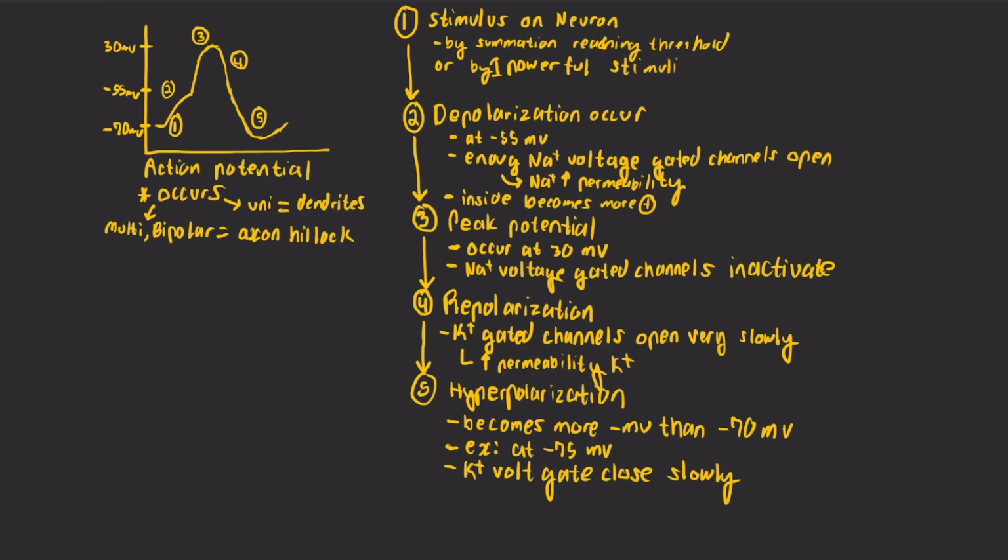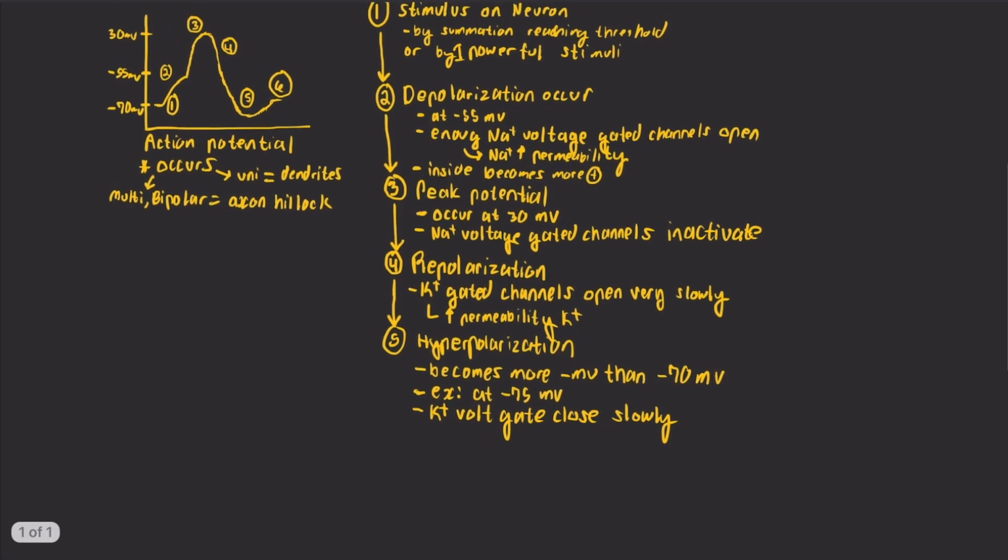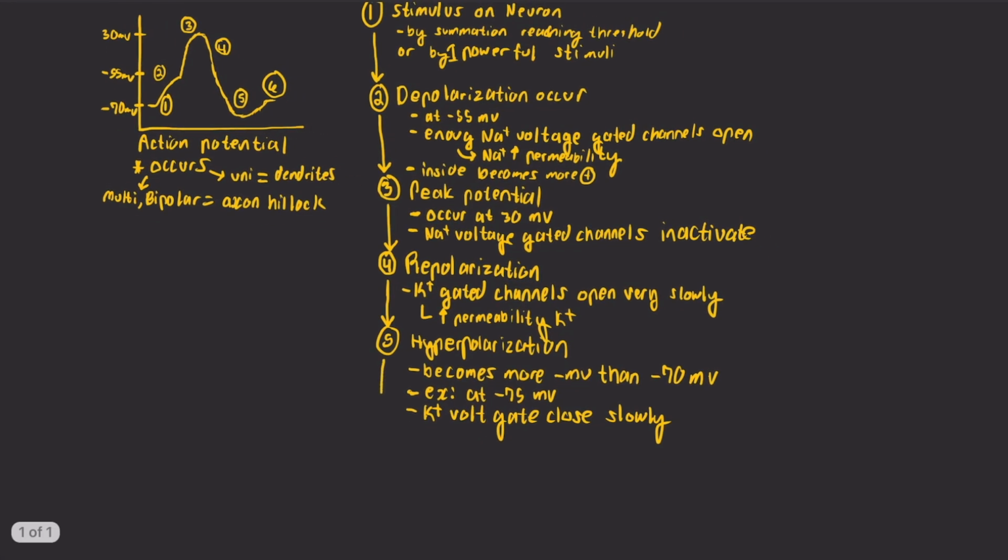We then return to the resting state at negative 70 millivolts. So step 6. So resting is then reached again.